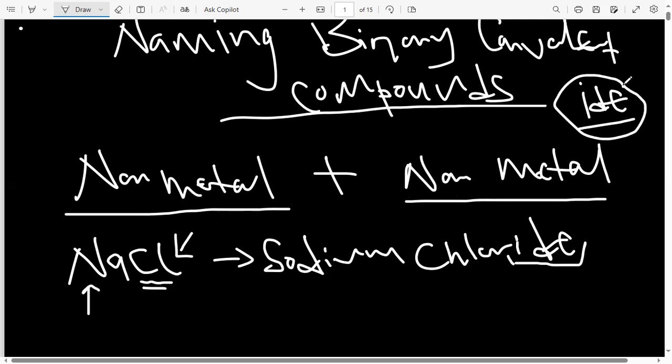So it's the same. The only difference, take note, is that when naming covalent compounds, you consider what we call the prefixes. The prefixes are just numbers that show you exactly how many elements of a certain type you have in a compound.